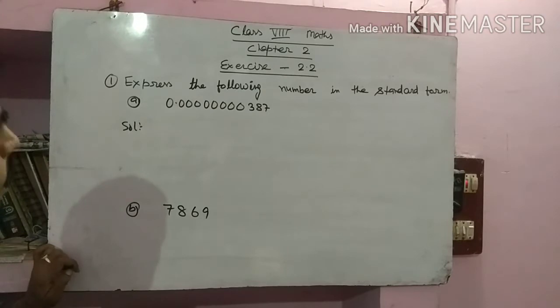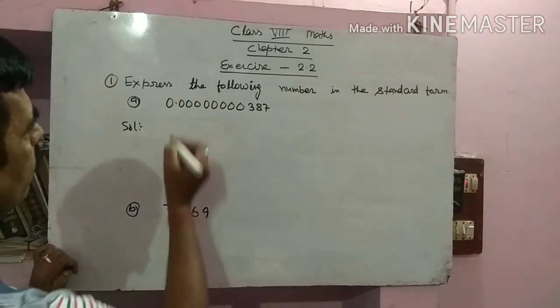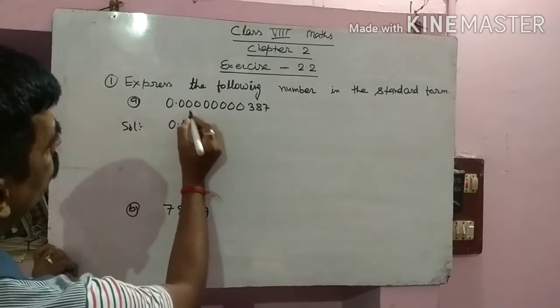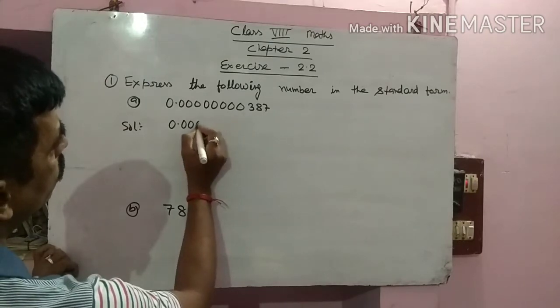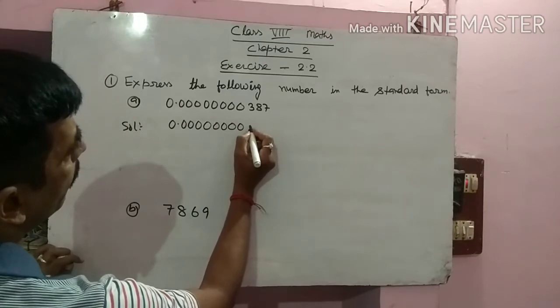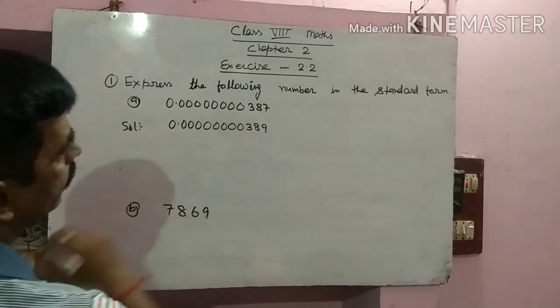Or the proper way to solve this question: the number is 0.00123456789, like this.